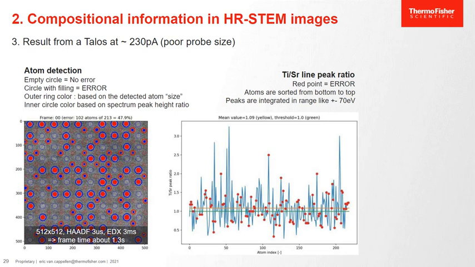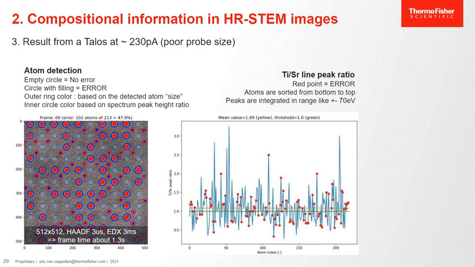If there was a mismatch between the atom size and EDX, we fill it. So you could see blue circles filled with red dots. Those were misidentified. You can also see red circles with blue dots. They were also misidentified. And on the right-hand side, you see the full 213 atoms. So the first line, the second line, etc.